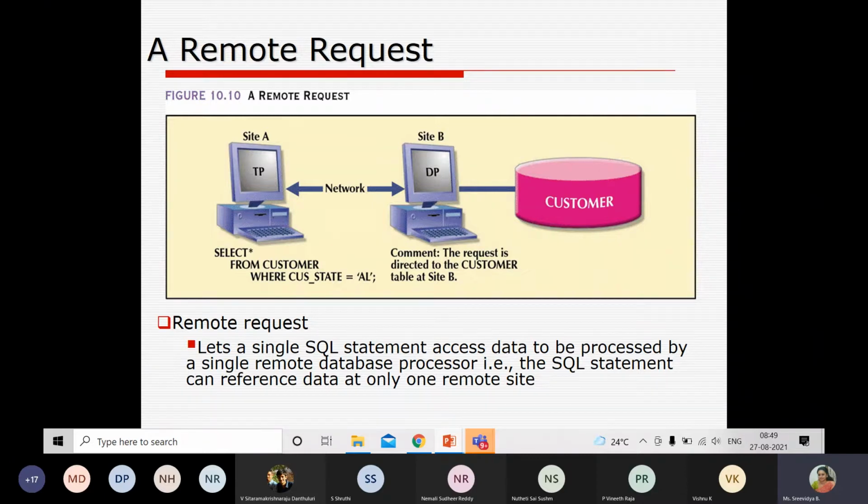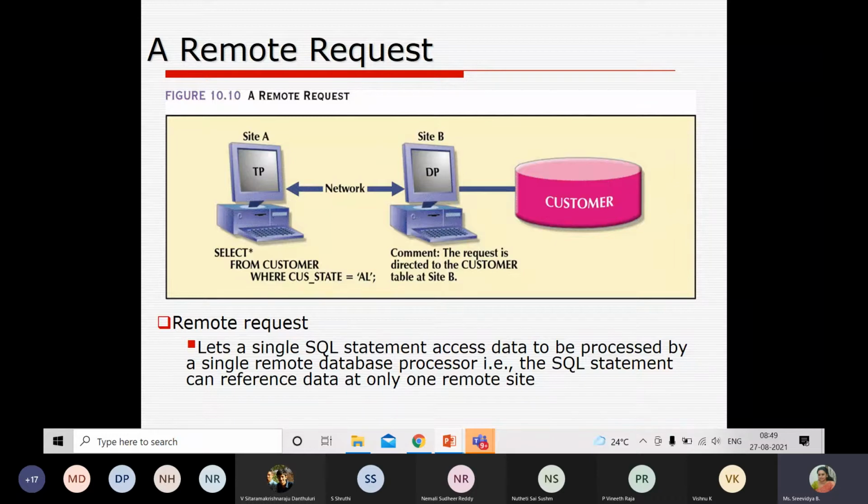In case of a remote request, the query goes from the transaction processing unit over the network to the machine or site where the database and the data processing unit are, gets executed, and fetches the data you require back to the transaction processing unit at the site which made the request. That is referred to as a remote request.